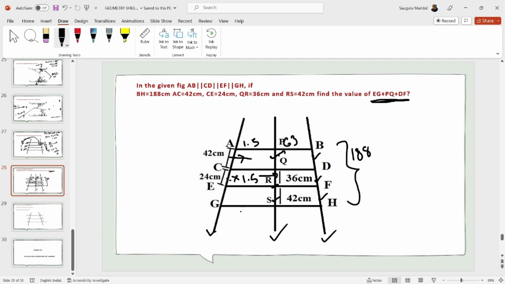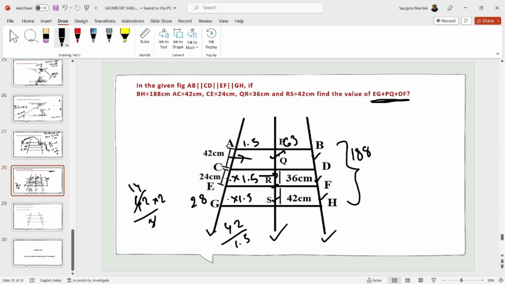What is the value of EG? EG is 42 divided by 1.5, that means 3 by 2, that is 28.